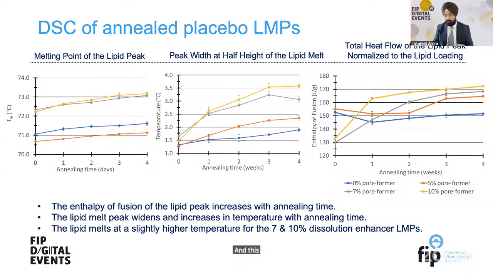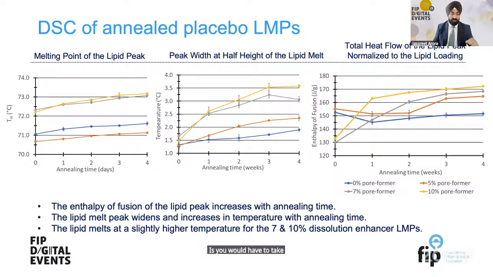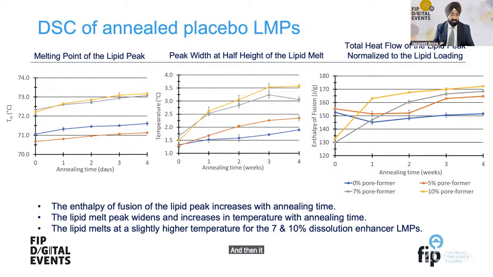And this is interesting because if you were to design a typical annealing study, you would have to make these LMPs and then put them at different accelerated conditions, let's say 35/60, 40/75, 50/75, maybe even 60 degrees. And then it is akin to doing what's called an ASAP style temperature study to look at physical or chemical degradation. So it's akin to that.